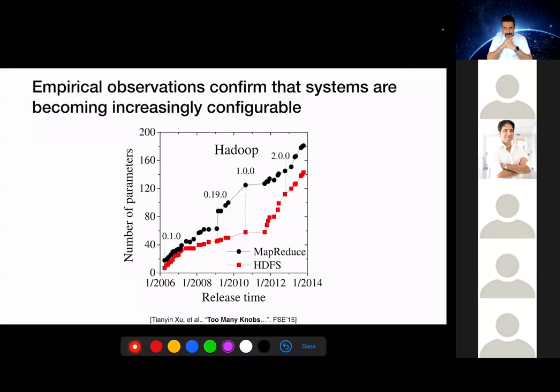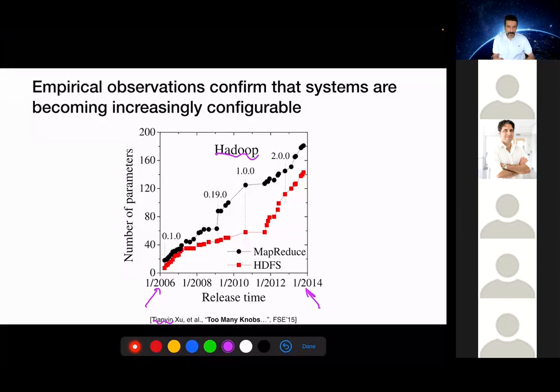People have looked at this increase in configurable options over time. For example, in this case, Tianying looked at Apache Hadoop from 2006 to 2014, and he observed that the number of options has increased quite considerably.